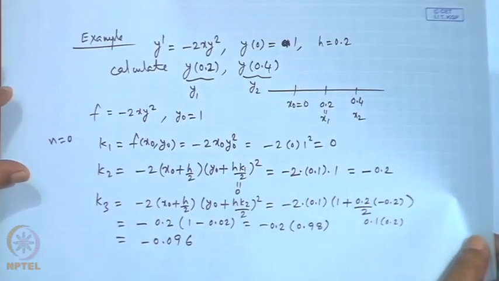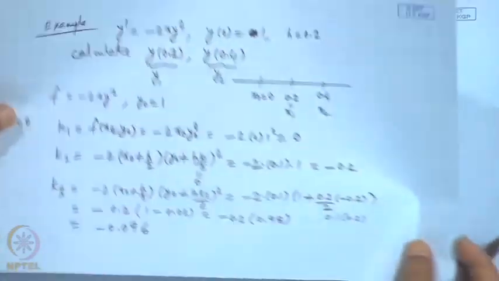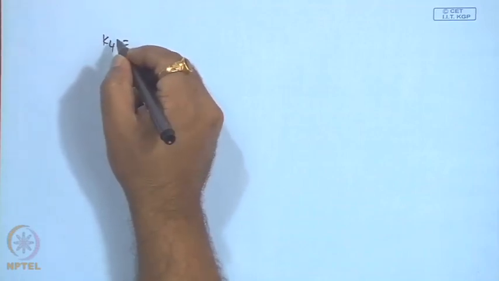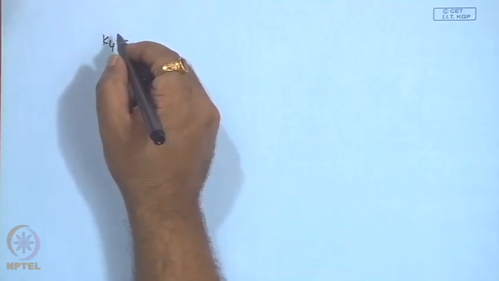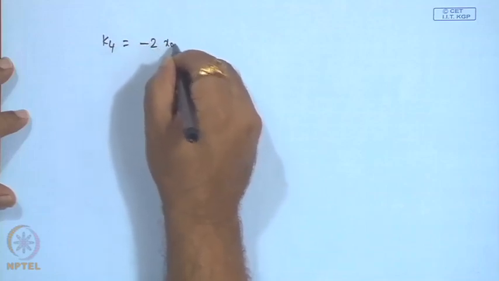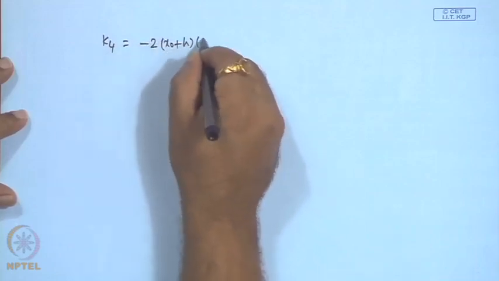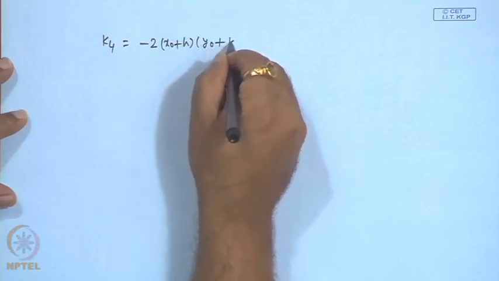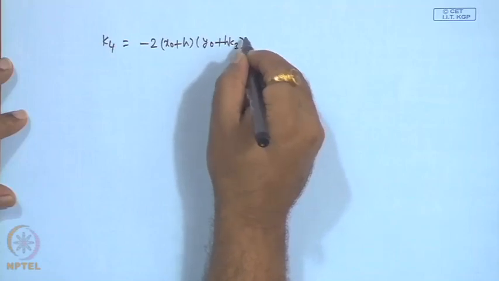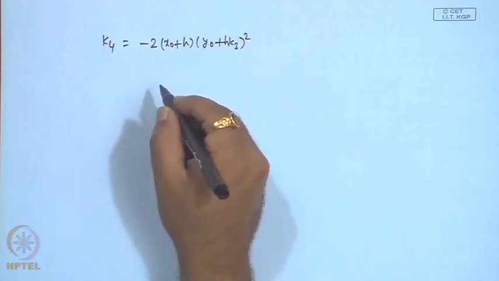Then k 4. So, k 4 is defined as minus 2 times x 0 plus h, y 0 plus h k 3, square.